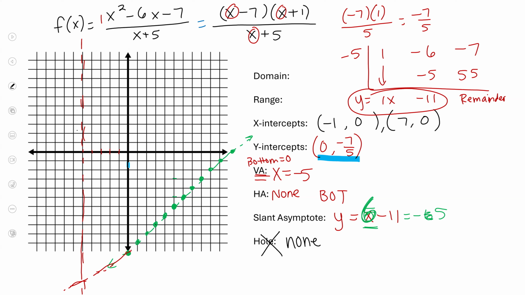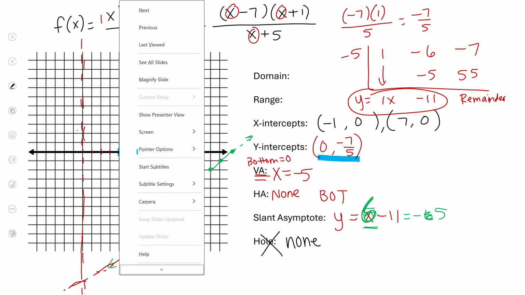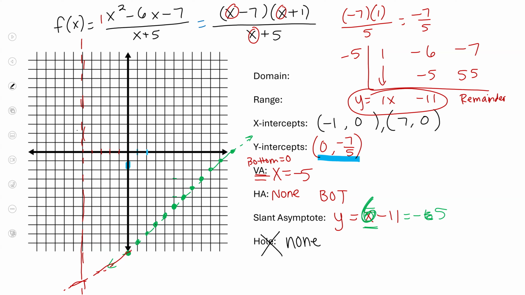That's about right here. (-1, 0) and (7, 0). 1, 2, 3, 4, 5, 6, 7, right here. So my graph will be close to the asymptote, go through my point, like that. And your other one will be down here. Just can't really see it.